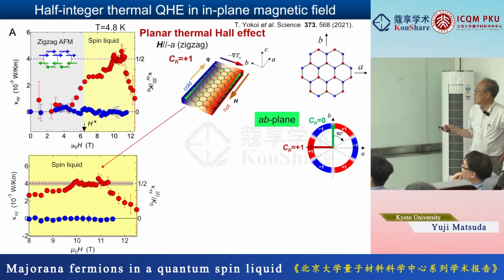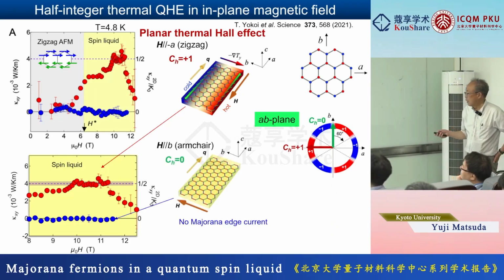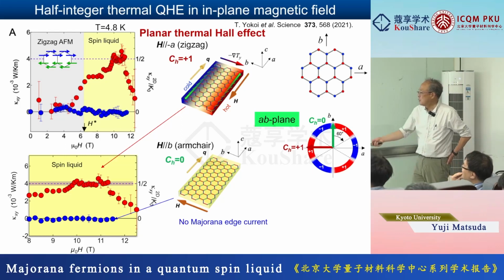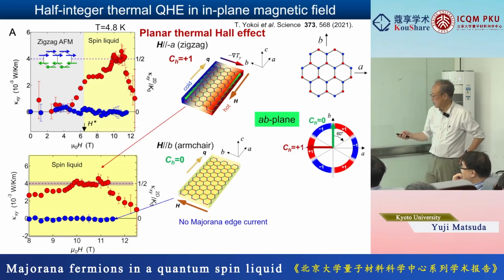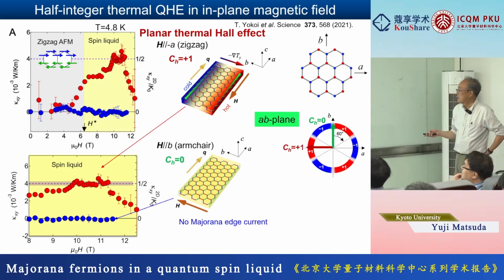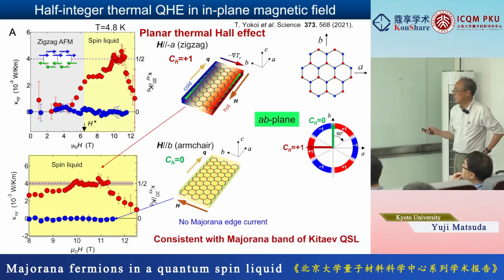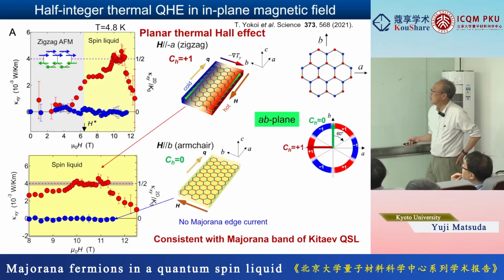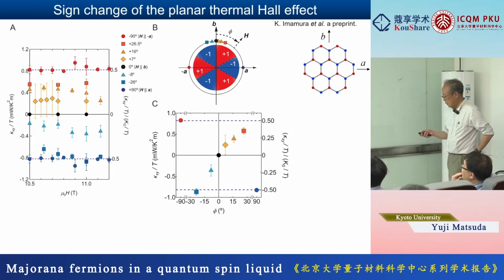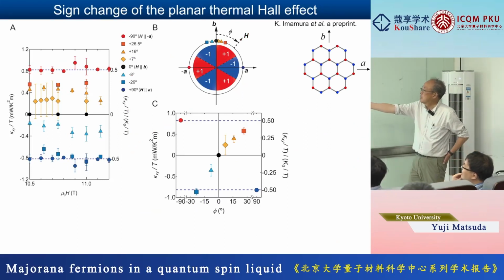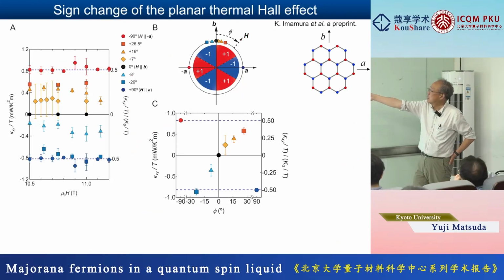Then we apply the magnetic field parallel to the b-axis. We never observe the thermal Hall effect. It's 0. So these are consistent with the Majorana band of the Kitaev quantum spin liquid. Okay. Very recently, we have measured the sign of the planar thermal Hall effect.